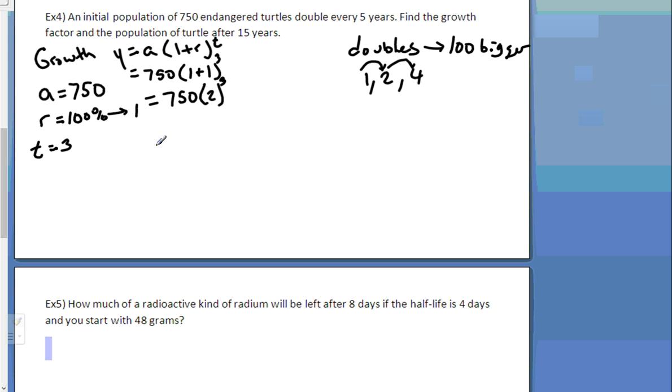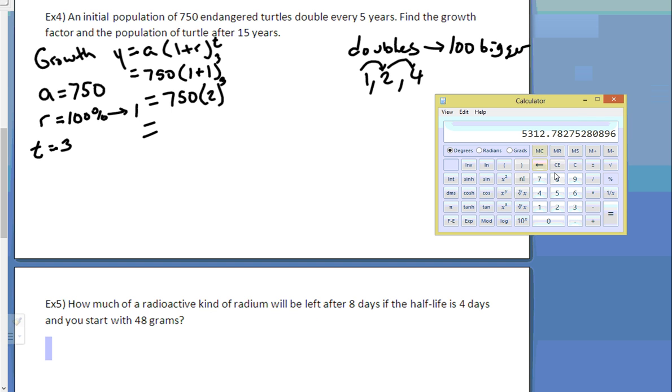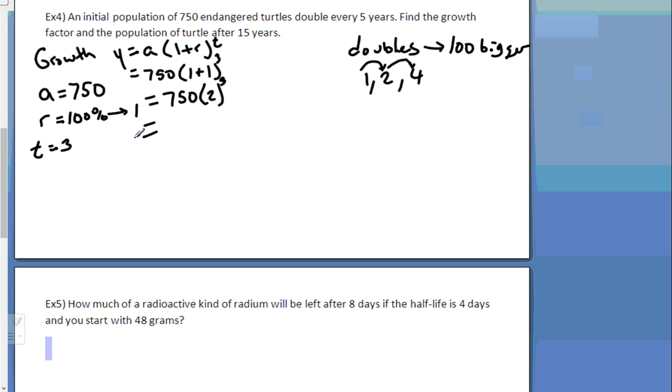Yeah? All right, go ahead and do the math. Bust out old Mr. Calculator. 750 times 8, because 2 to the 3rd is 8. 6,000. There's now 6,000 turtles. Okay?